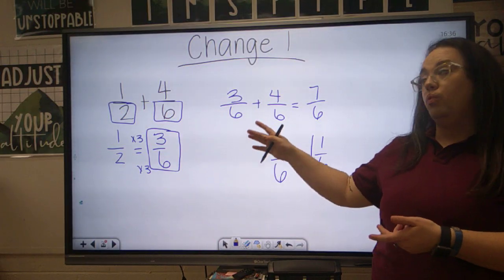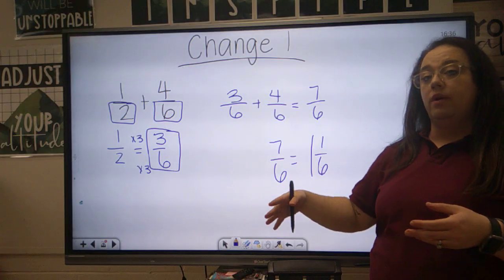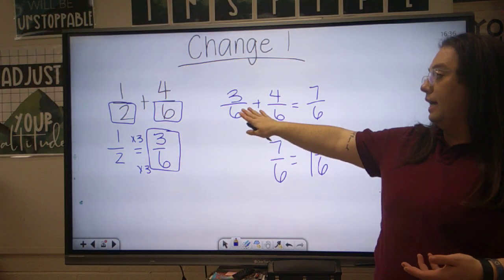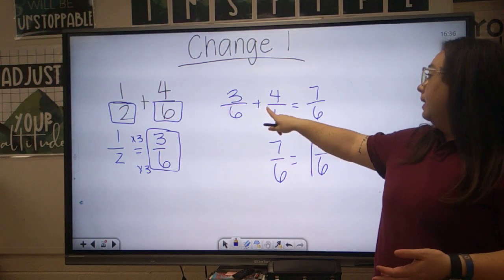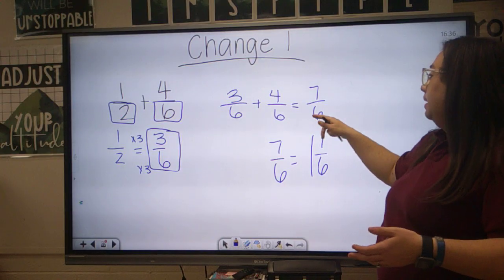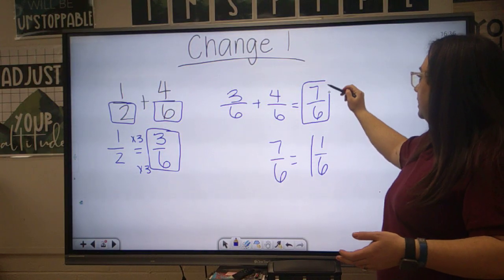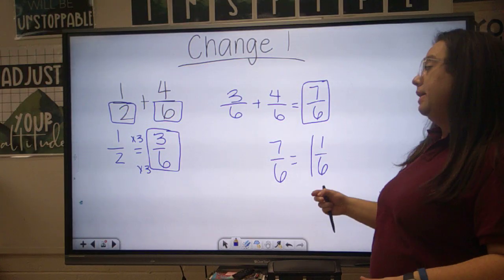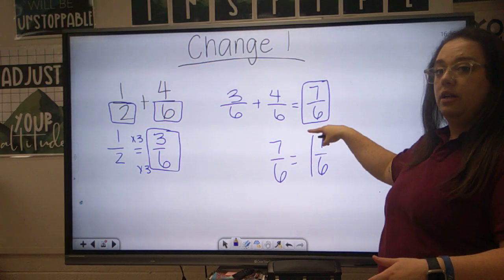So for this strategy, you change one of the fractions that are in the equation. For this one, we changed 1/2 into an equivalent that had a 6, because that is what the denominator for our second fraction was. We added them together. You add straight across, and then you keep your same denominator. And we had our solution of 7/6. 7/6 is an improper fraction, meaning that the numerator is larger than the denominator.